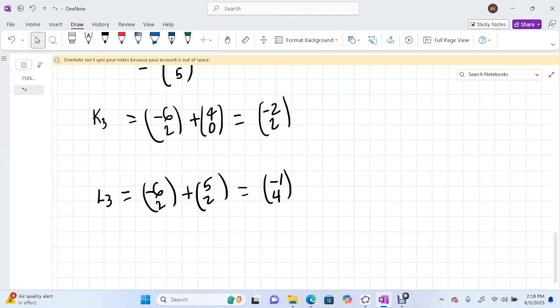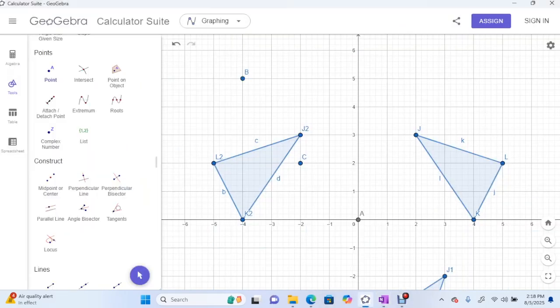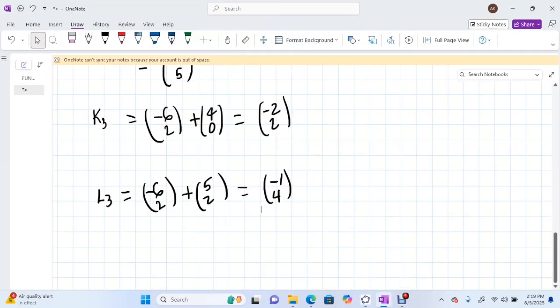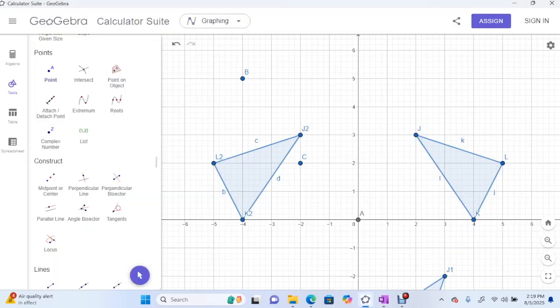So we go to the graph, and then we plot L3: -1 on X, 4 on Y, which is going to be here. Take note, this B, C, D has to be J3, K3, and L3. And then after everything, you join all of them with a ruler.